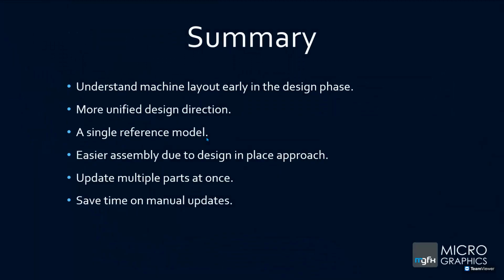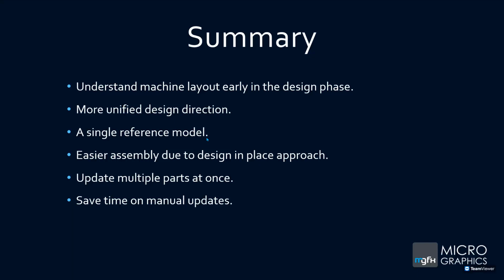So what we're going to do now is we'll move on to closing off with a summary. Following the skeletal modeling process that I've outlined, in summary, we can basically say that following this process, you will get a good understanding of the machine layout early in the design phase because you are sitting down and planning the process. What does that reference model layout look like?